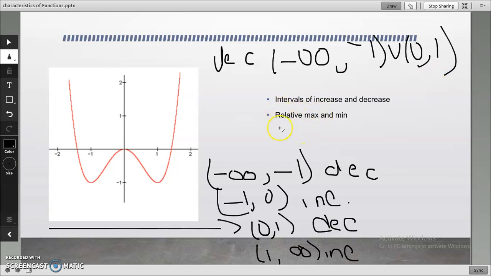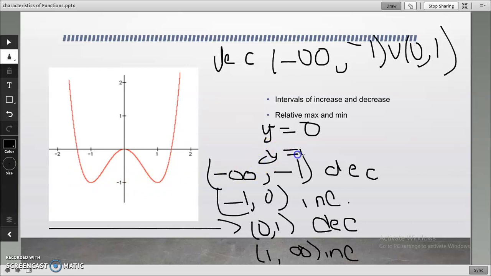Now let's talk about the relative maximum and minimum values. Looking at this graph, relatively speaking, the maximum value here is at y equals 0. And then I have just one relative minimum, because they look like they're at the exact same point. Would you agree?